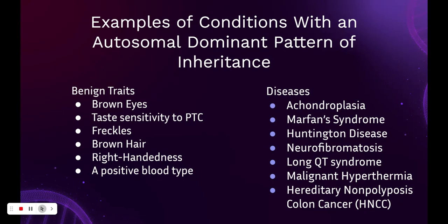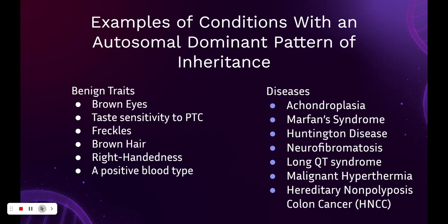Malignant hyperthermia, it's an interesting one, and any of you that are going into operating room, labor and delivery, any place where you might have to see general anesthesia, you're going to see the CRNA or the anesthesiologist ask about problems with anesthesia. It is dominant, but you would never know you had it unless someone you know was exposed to certain anesthetic agents like succinylcholine.